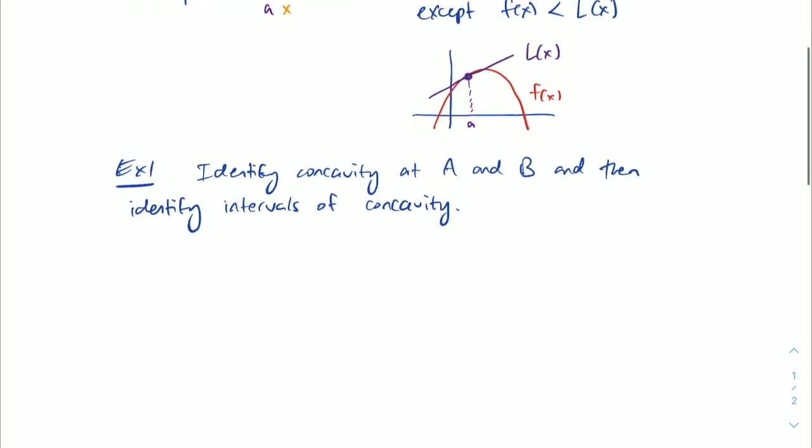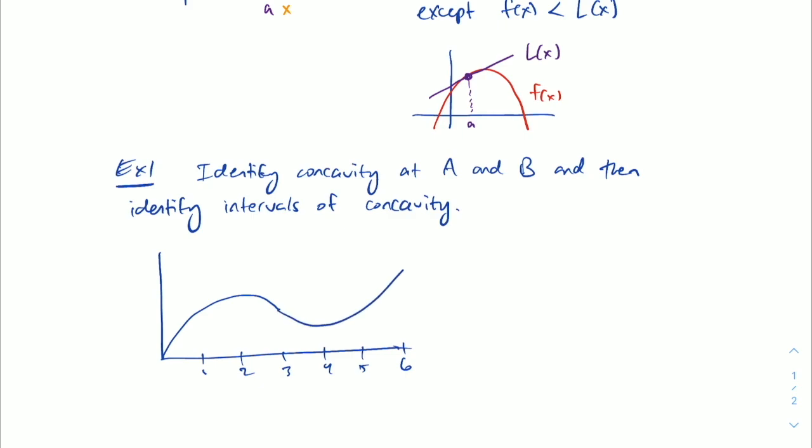Okay, let's draw our graph here. So our graph looks like this. 1, 2, 3, 5, 6 is the domain. So here are my 2 points A and B.